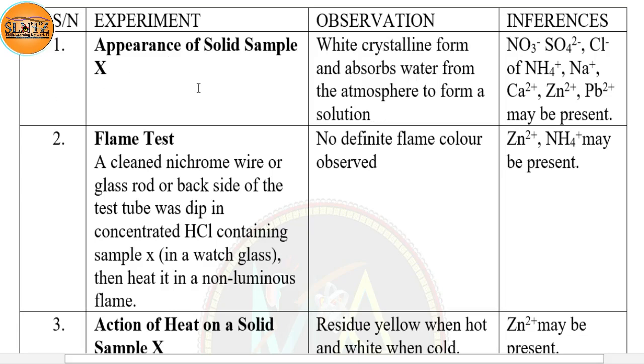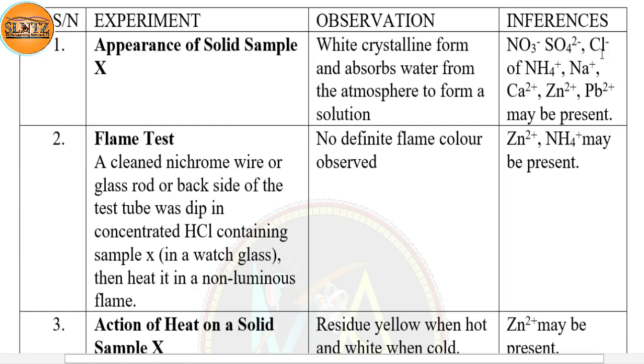Appearance of solid sample X: white crystalline form and absorbs water from the atmosphere to form a solution. You have to write in this sentence. If you decide to separate, there is no problem, but the best way is to join. And the inference is this one, you see.